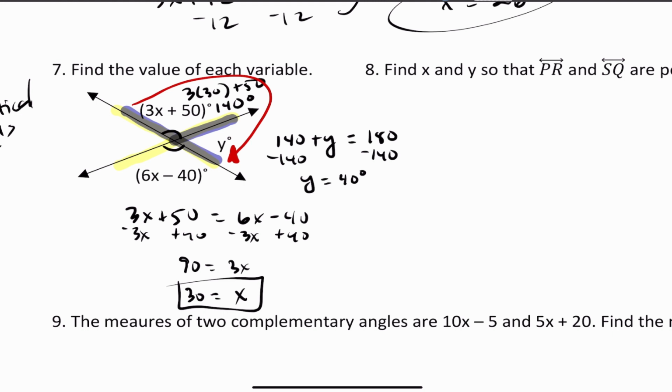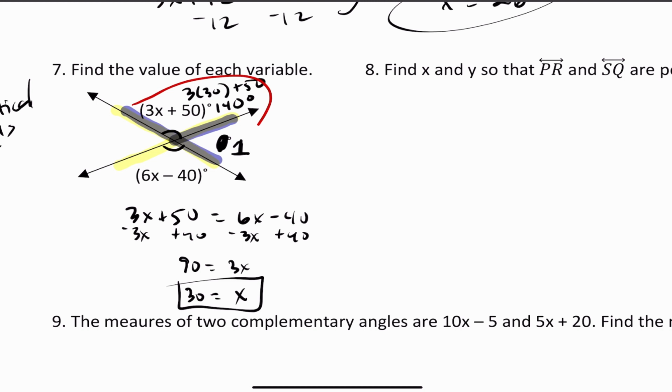Now, something on the test or the quiz, let's say that y is not y, and instead we'll call that angle 1. For the heck of it, I'll call it angle 1. So, solve for x and find the measure of angle 1. It's just the same thing. We're not using the variable y, we're just using the variable 1, if that makes any sense.